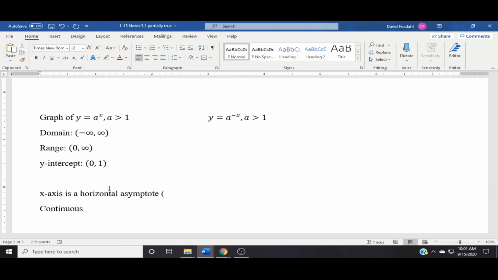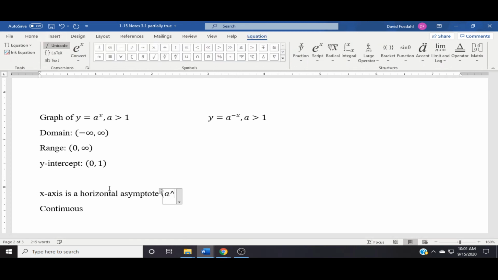That is, a to the x approaches 0 as x approaches negative infinity.